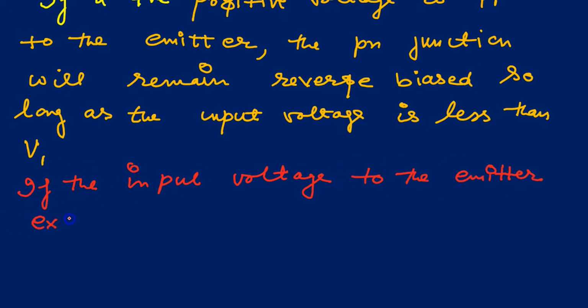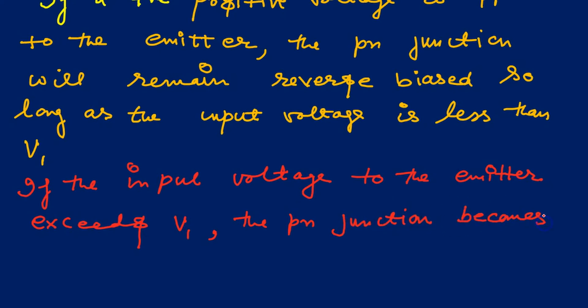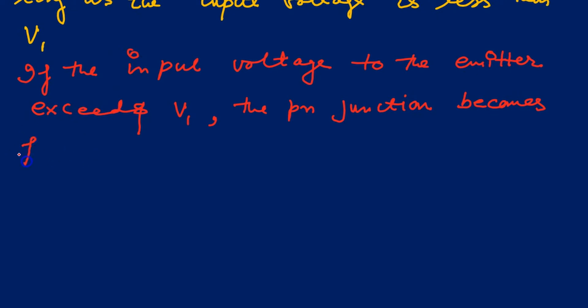So if the input voltage to the emitter exceeds V1, what happens to the PN junction? It becomes forward biased.